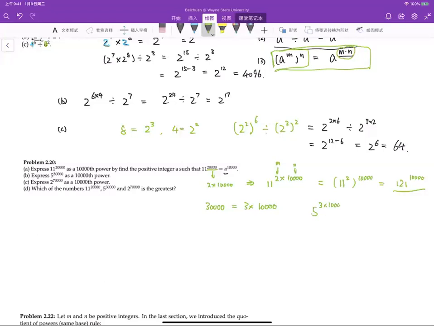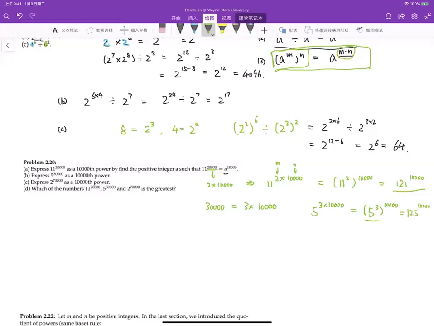Oh, very good. So basically, if we just repeat the same process, we have 5 cubed to the 10,000th. So basically, we just need to calculate 125 to the 10,000. Very good. So that will be 125.